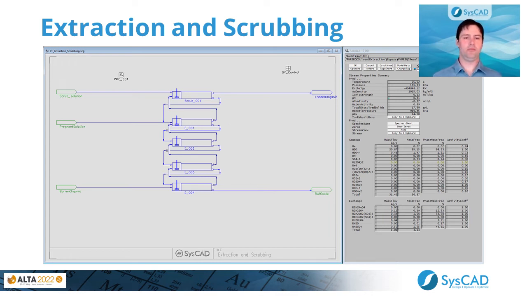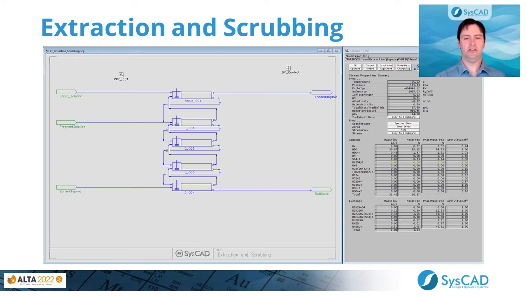What happens is the pregnant solution has its dissolved metals removed, all the anions, such as uranium, molybdenum. You don't want to extract all the molybdenum, but oftentimes that happens, or most of it anyways. The pregnant solution becomes raffinate, and the raffinate goes on to water treatment.